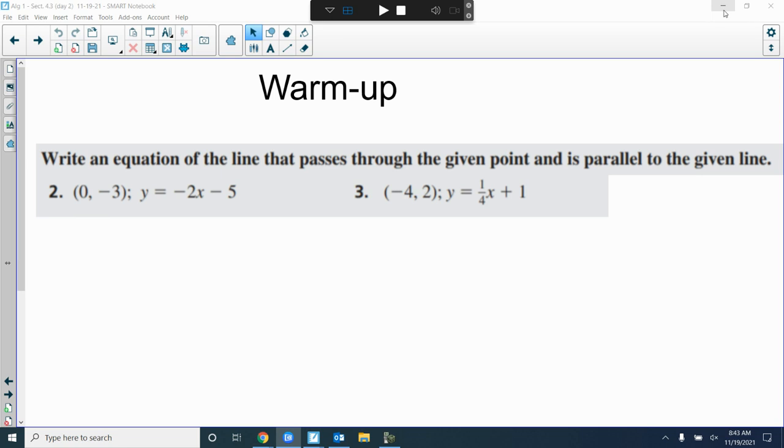Okay, and right here, let's see. Which one's number 2? Okay, you need to write it in. All right, write your final equation and go ahead and write it in slope-intercept form to get the y by itself before you're done. I know it doesn't say it, so I'll tell you that here. Distribute, yep, distribute that.